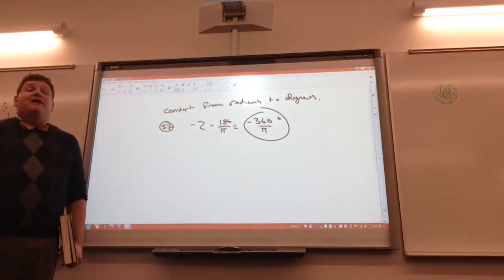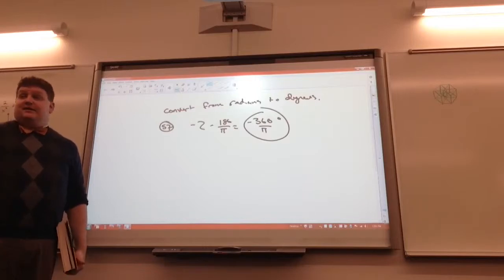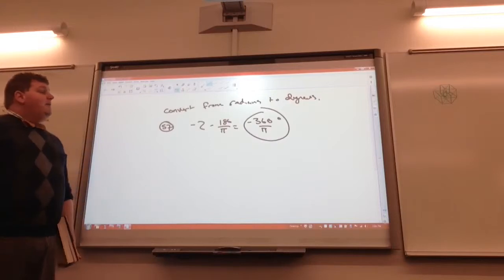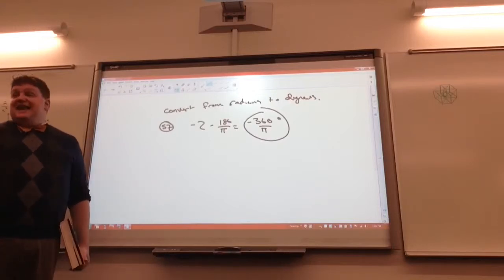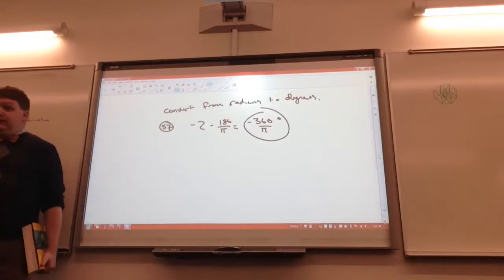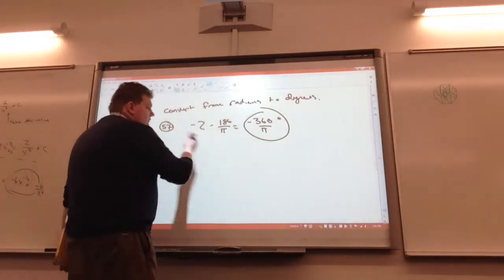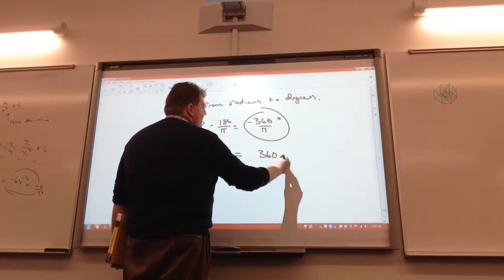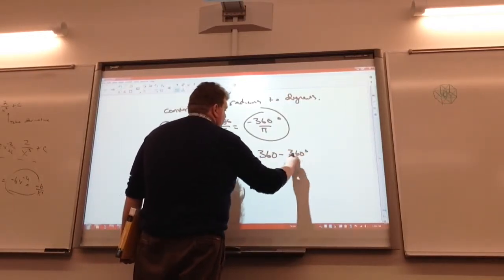If I wanted this between 0 and 360 instead of being less than 0, which it currently is, I would add 360 to it. And so the coterminal angle, the same position, would be 360 minus 360 degrees over pi.